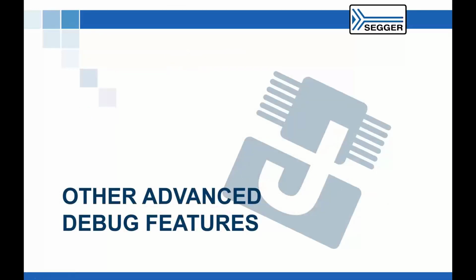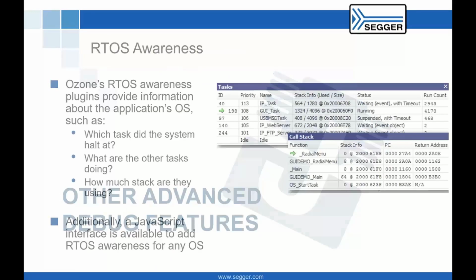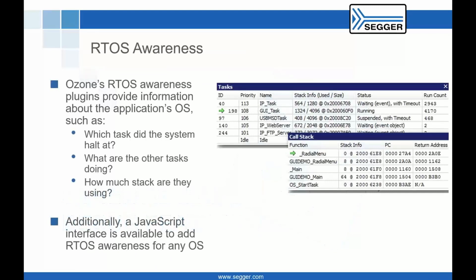Let's talk about some other advanced debug features, some of which I've actually shown you. For example, the RTOS awareness in Ozone is nice because in that RTOS view you can see the different RTOS tasks that have been started, their priorities, their names, and how much stack they're using.